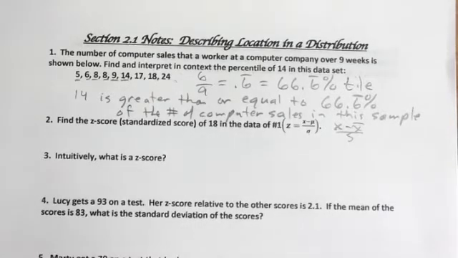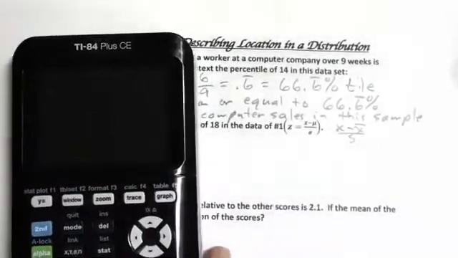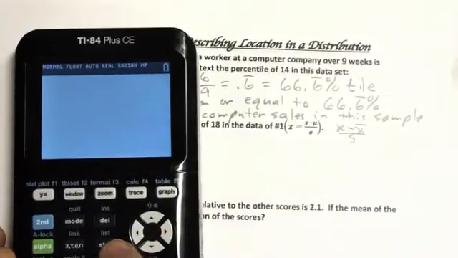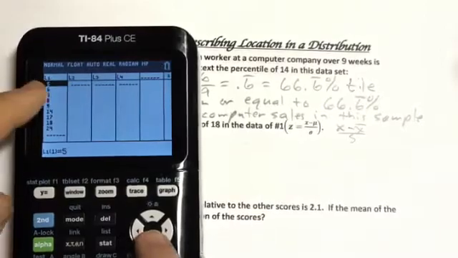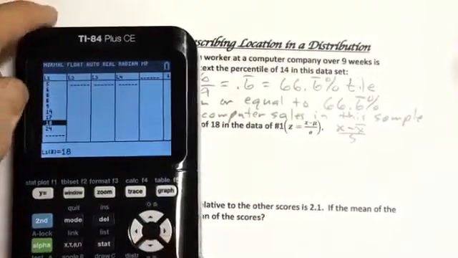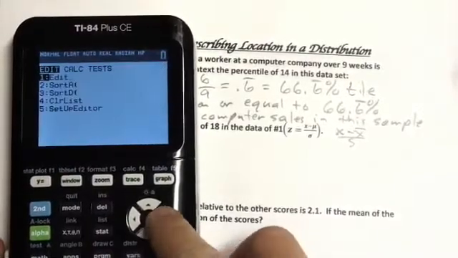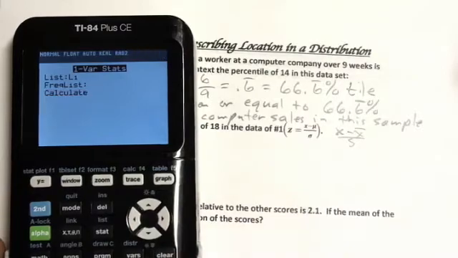Okay, so let's find the mean and standard deviation of these values. And so you remember how to do that using your calculator. What we do to get to the summary stats, remember, just like last chapter, is stat and edit. And I put all of the values in list 1 right there. There's all the values. Okay, good. And so then we would do stat and calculate, one variable stats of list 1, and calculate.